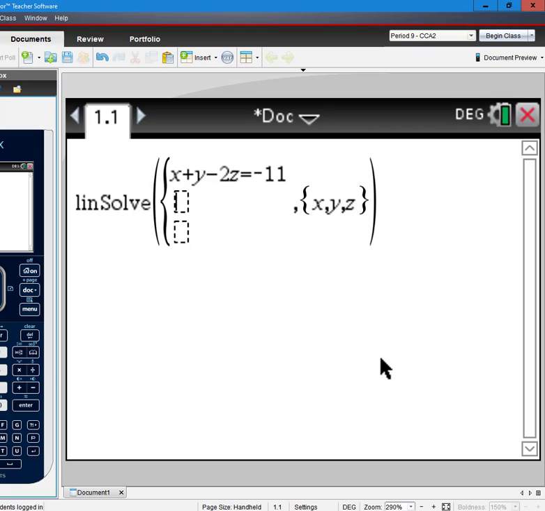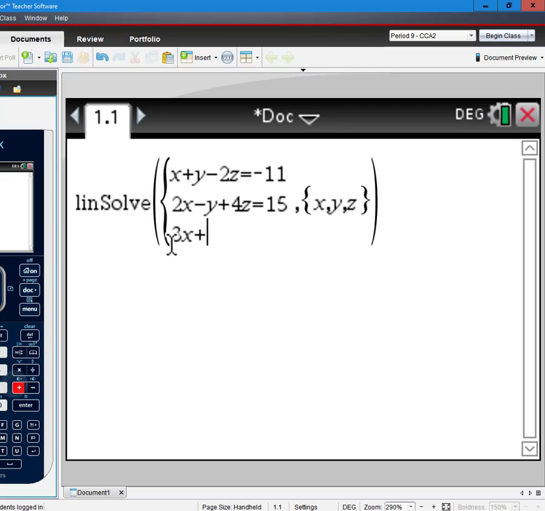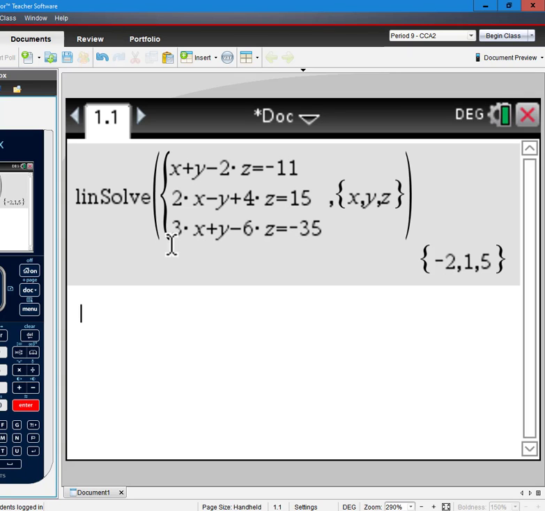We'll put in the second equation, in this case 2x minus y plus 4z equals 15, and then enter the very last equation, 3x plus y minus 6z equals negative 35. Once you have 3 equations entered, you just hit enter, and it'll confirm your solution, negative 2, 1, and 5. Obviously this is just an option for checking, but it's a good way for you to make sure that your answers are accurate.